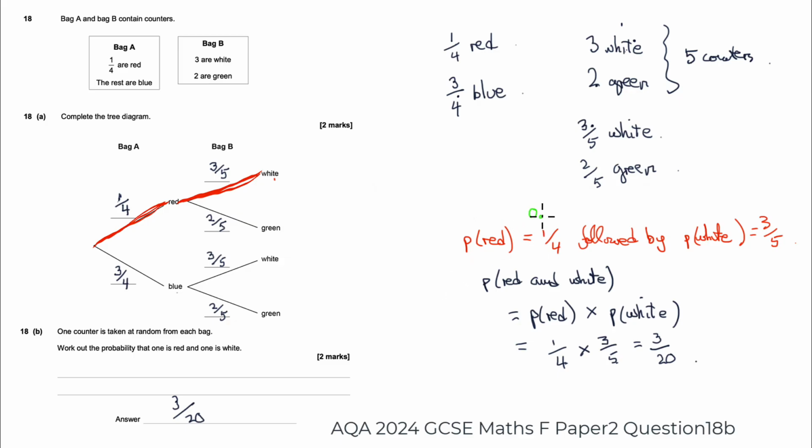Now, you could have worked in terms of decimals. This would be 0.25. This would be 0.6. You can work that out in your calculators. And 0.25 times 0.6, you'd end up with 0.15. So that would have been acceptable.